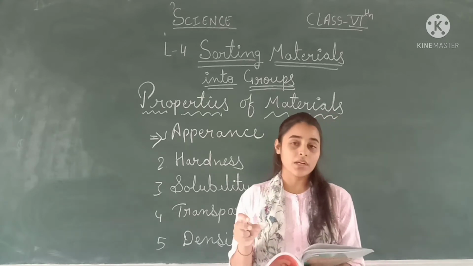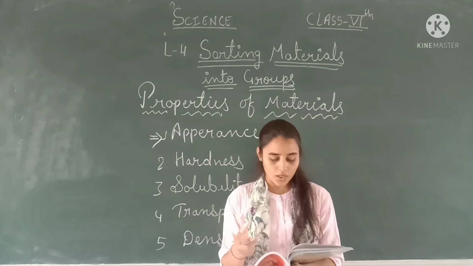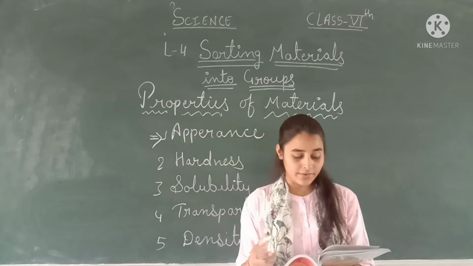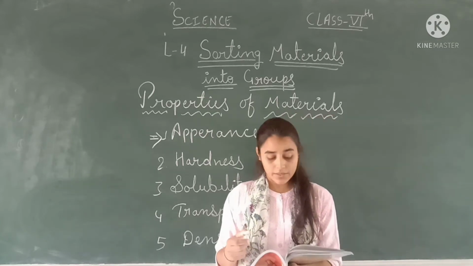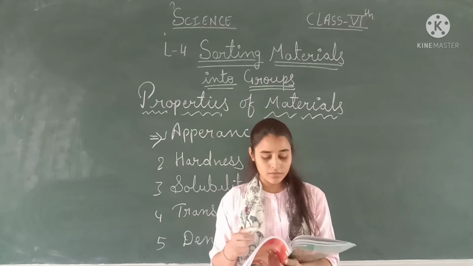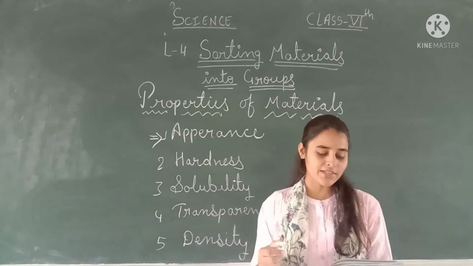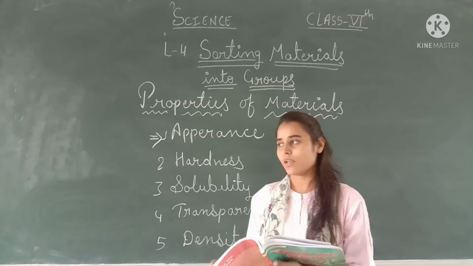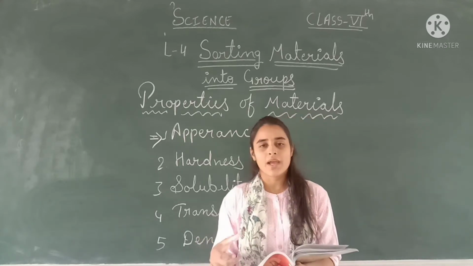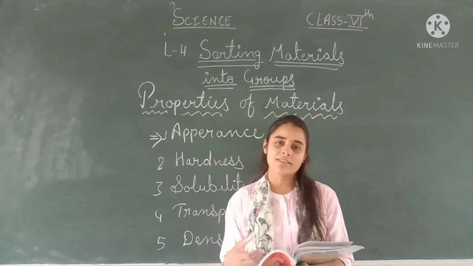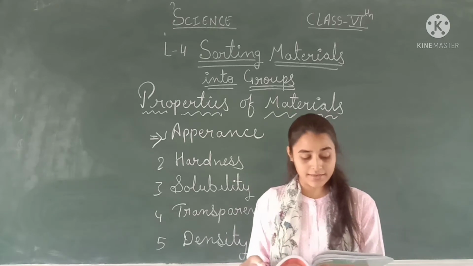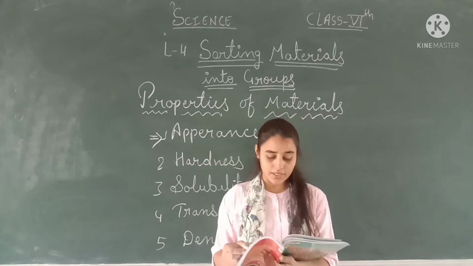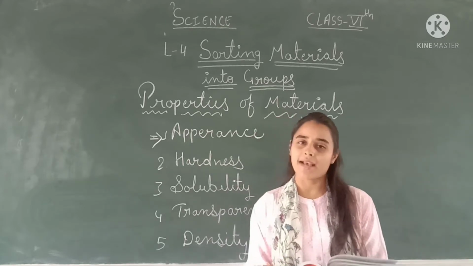Brick and iron ball are examples of hard substances. Next, materials which can be compressed, or whose shape changes by applying force, are soft materials. Examples are sponge, rubber, etc.